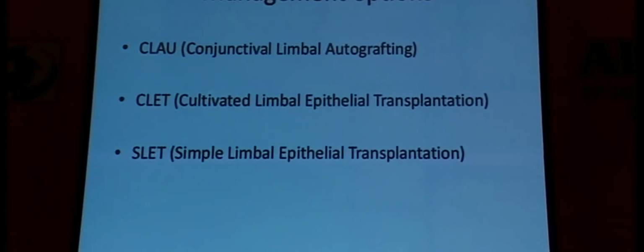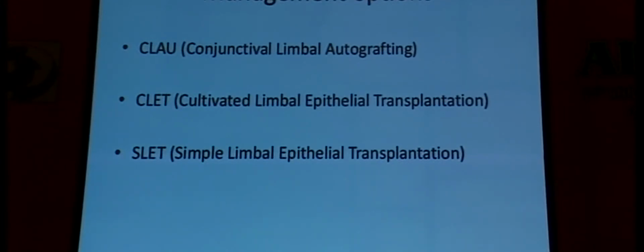When there is a unilateral burn, what are the management options that we have? There is CLAU, conjunctival limbal autografting, wherein 3 clock hours of superior and 3 clock hours of inferior limbus are transplanted from the normal eye to the injured eye.